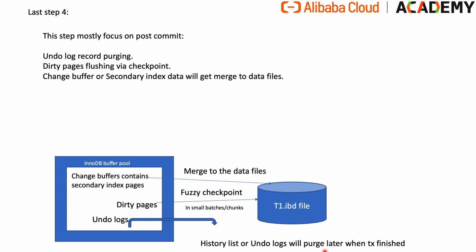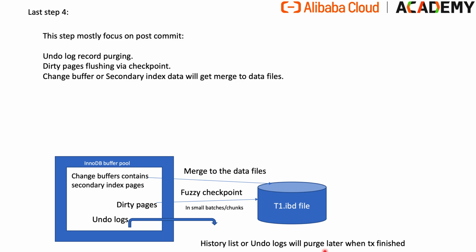So the old data is preserved until transactions that started earlier or concurrently are finished, so that those transactions can access the previous state of modified or deleted rows. Thus, I can say a long running transaction can prevent InnoDB from purging data that was changed by a different transaction. So this is how the post commit operation is done.